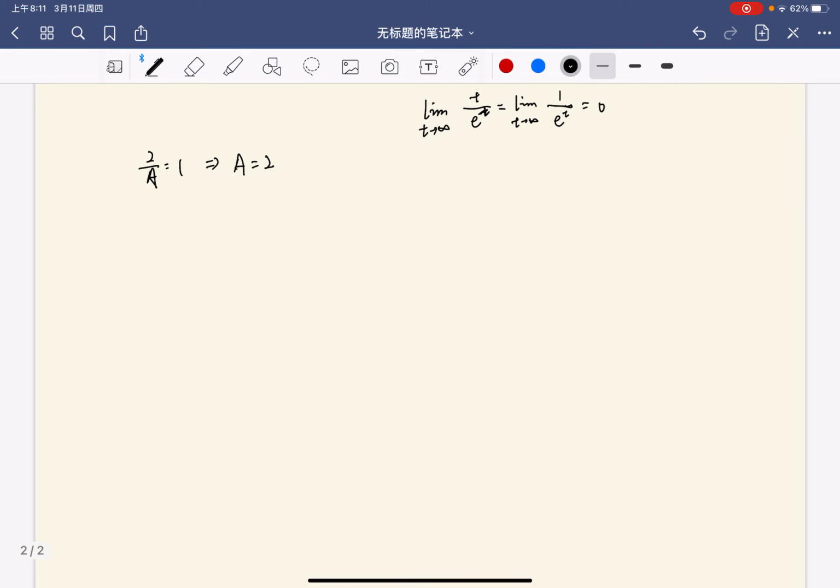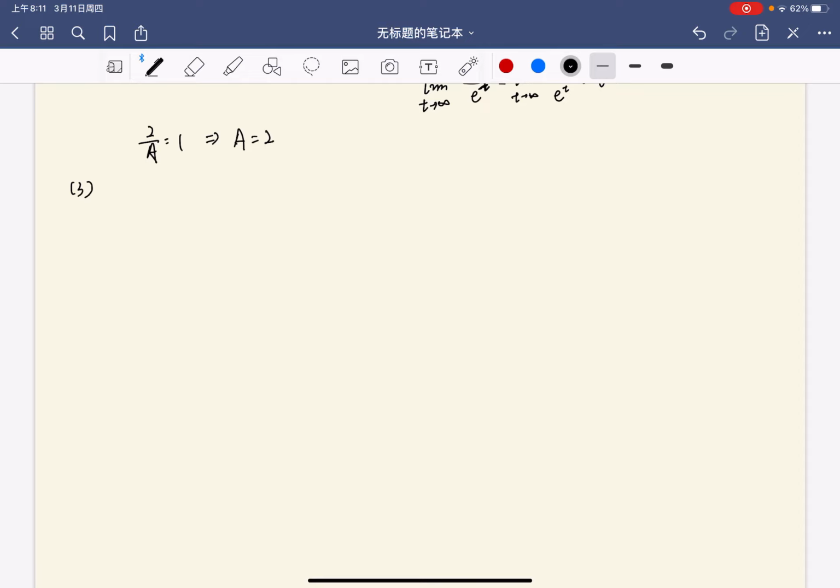In the third question, we want to find and draw the marginal density functions of x and y, and f(x,y) equals 1 divided by 2 multiplied by y to the power of 2 and multiplied by x.